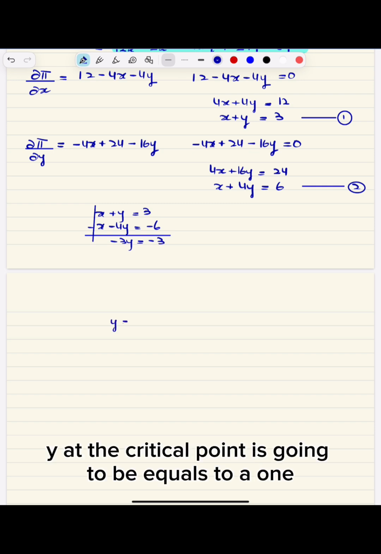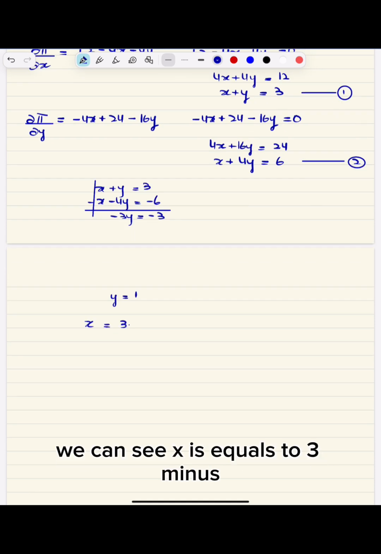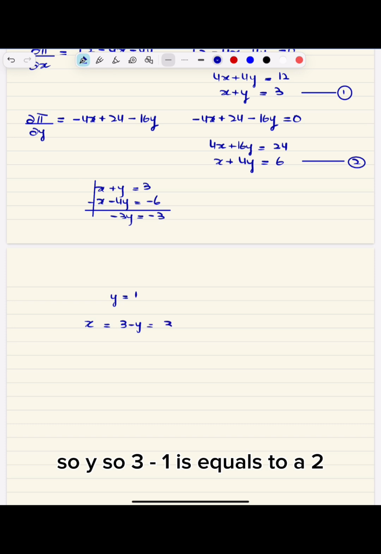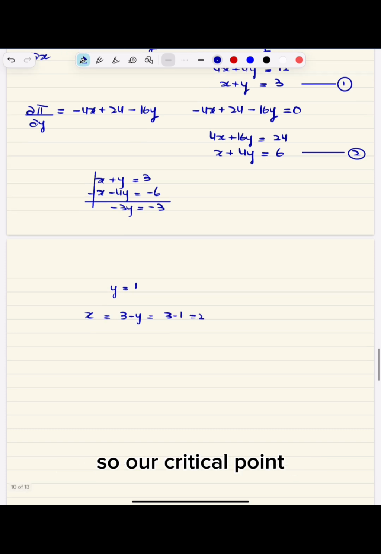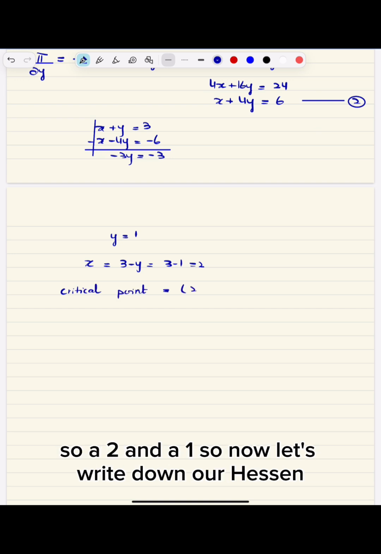Therefore, y at the critical point is going to be equal to 1. Therefore, x, from equation 1, we can see x is equal to 3 minus y. So 3 minus 1 is equal to 2. So our critical point, which we will later need to classify, is 2 and 1.